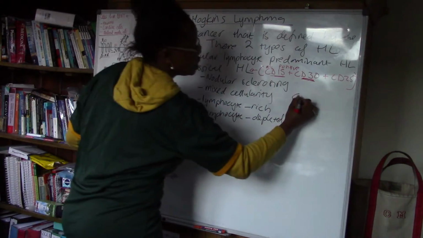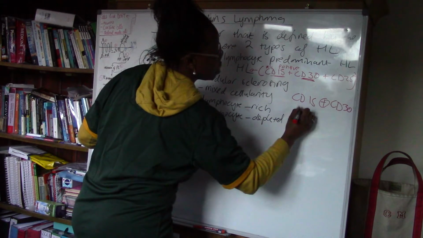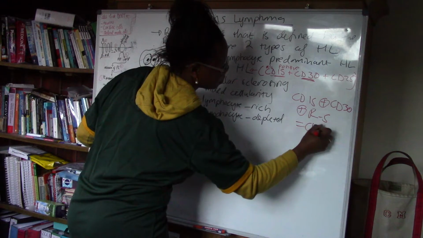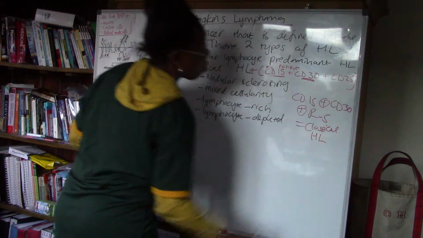So if you have CD15, CD30 and a Reed-Sternberg cell, it's classical Hodgkin's lymphoma.